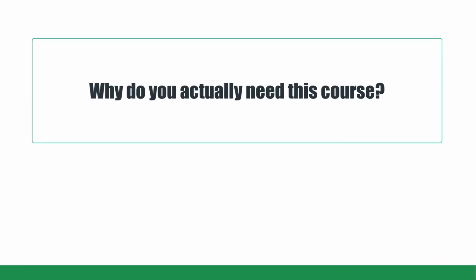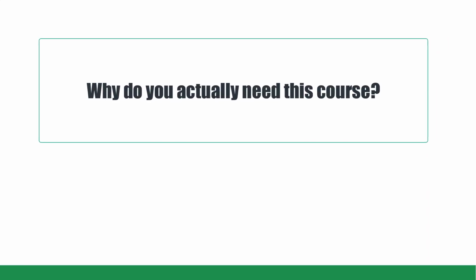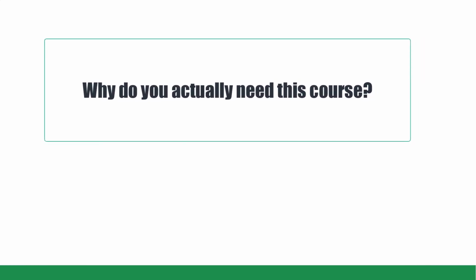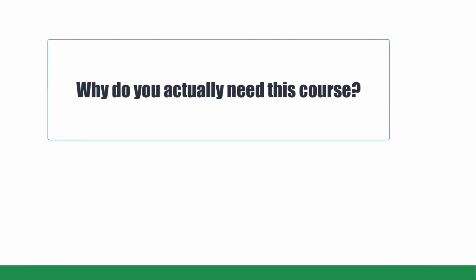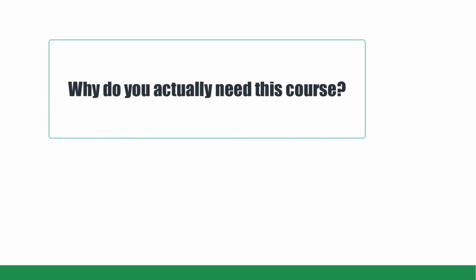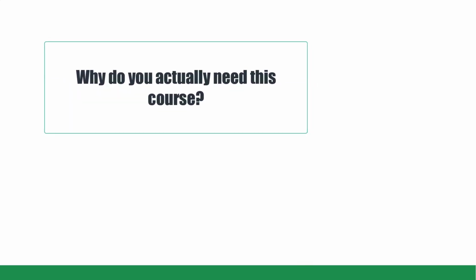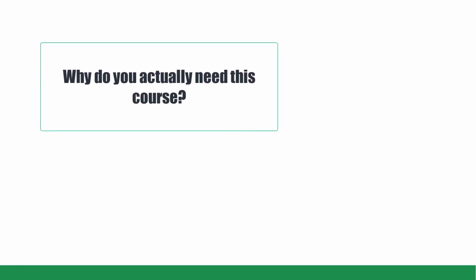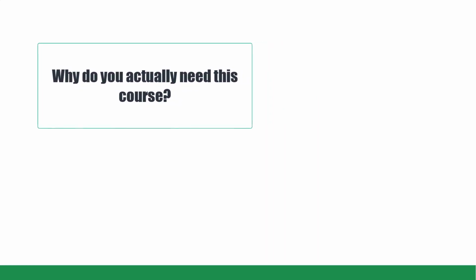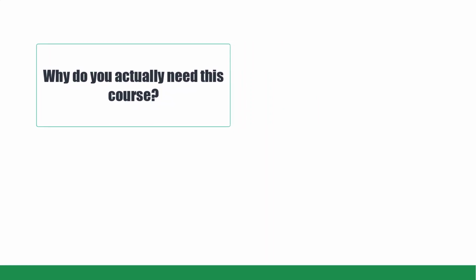So the big question to you is, why do you actually need to learn this module? In our cultural norms, we have some sort of agreement on which animal species we should eat, which animals that provide meat we should eat.